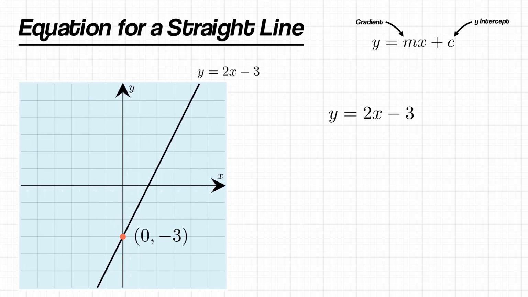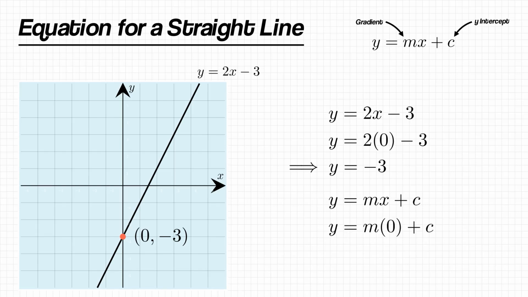Let's use the equation to see why. The graph intercepts the y-axis when the x-coordinate is 0. If we substitute this into the equation, we can see it produces a y-coordinate of minus 3. We can see if we set x to 0 in the general equation for a straight line, the corresponding y-intercept is c.